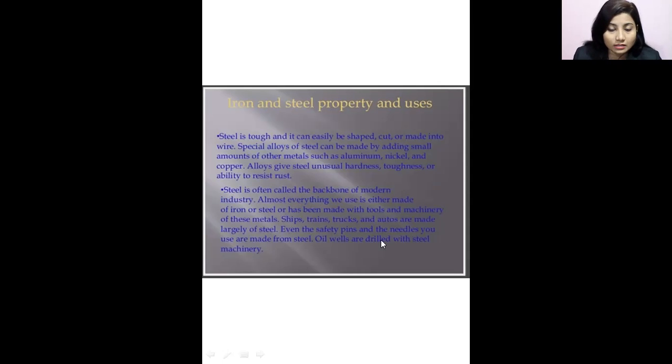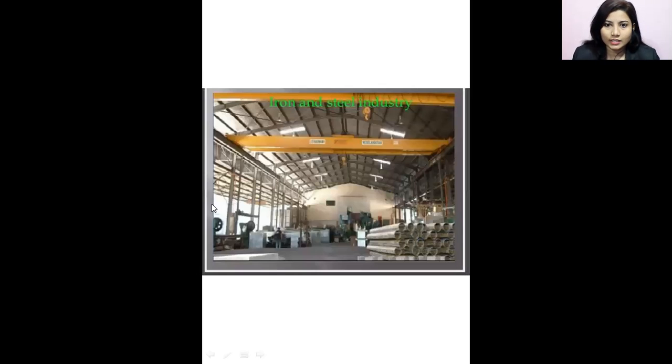Even the safety pins and the needles you use are made from steel only. Oil wells are drilled with steel machines. So we have steel and iron in most of the things, and we are using it for our own purpose. These are the uses and properties of iron and steel. Here you can see a picture that shows the iron and steel industries.